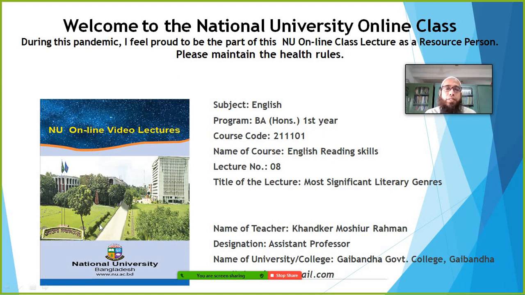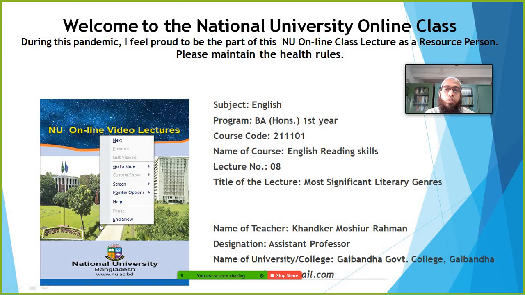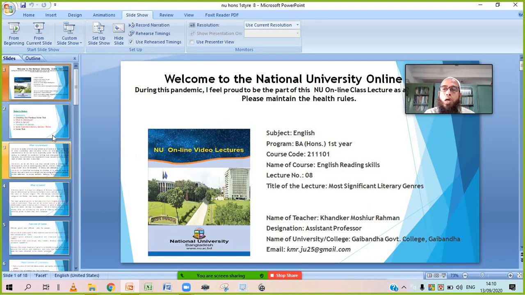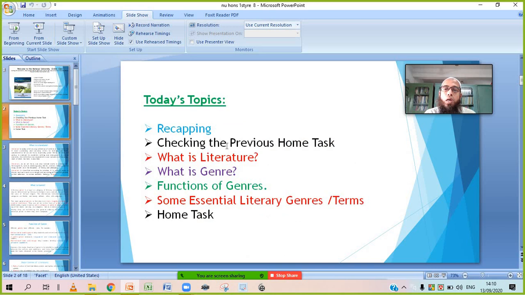So can you recall the last class? What we talked about in the last class? The last class was about literary terms. I told you most essential literary terms we learned, like allusion, alliteration, assonance, personification, simile, metaphor.